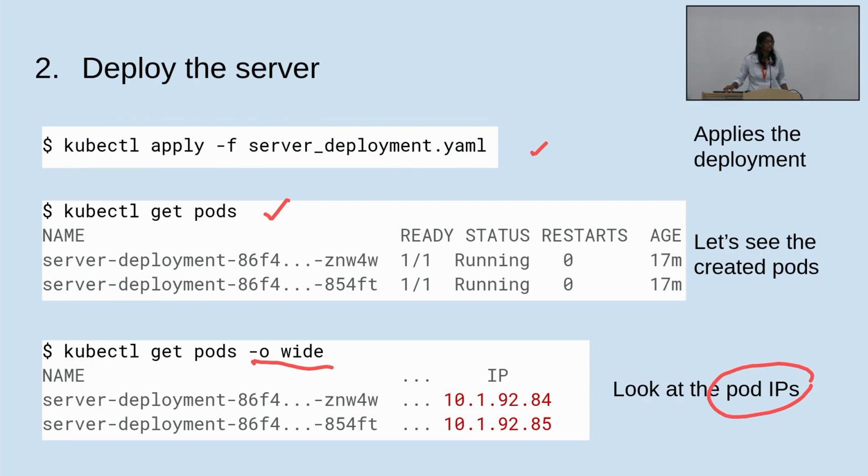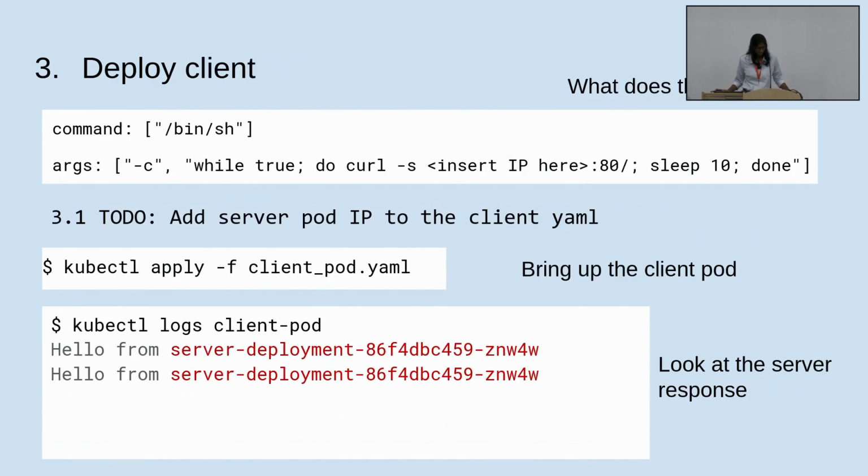Are you guys able to see your pod IPs? Can I see a show of hands for this as well? Pod IPs, right? For those who are following along. Okay, you can get to the client if you have done the server deployment.